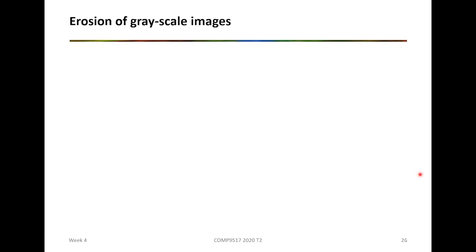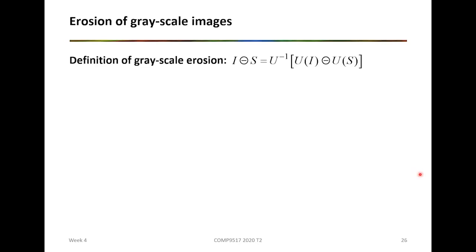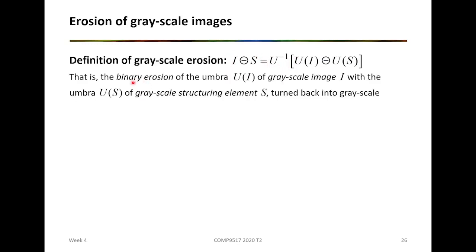We can also define erosion this way. Erosion is now, you take the umbra of the image, the umbra of the structuring element, and you do a binary erosion, and then take the inverse umbra operator, and that gives me the grayscale eroded version of my input image.